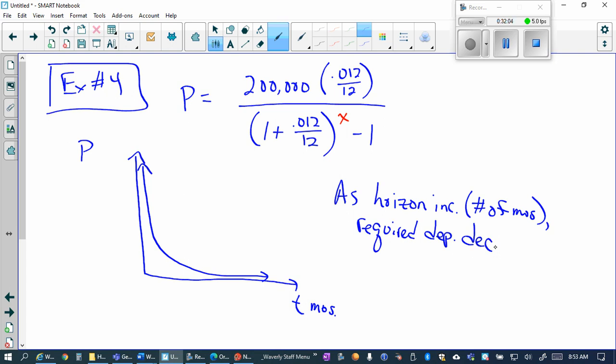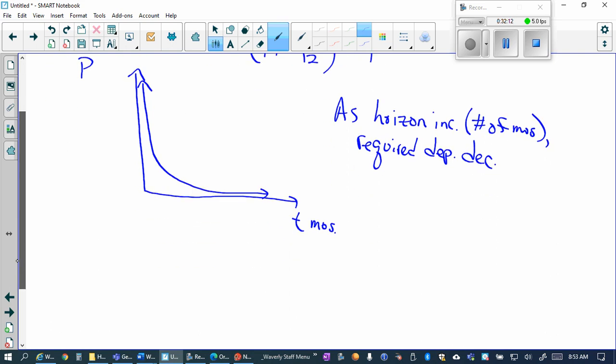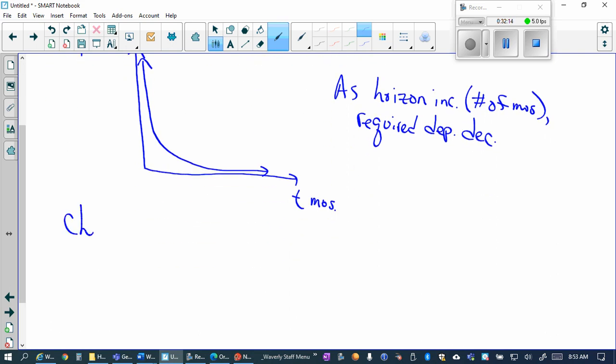What about the check for that one? Read the check there. Think about what that would do to the graph. How would that graph change if the rate were higher? Okay, it would definitely shift. Like which way?